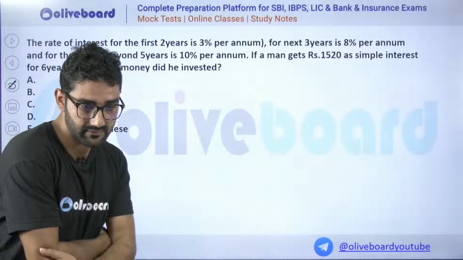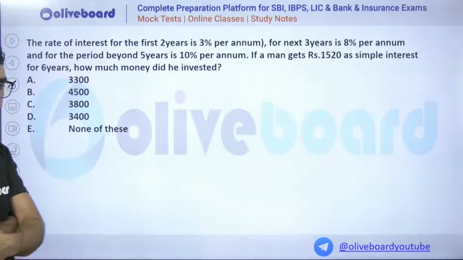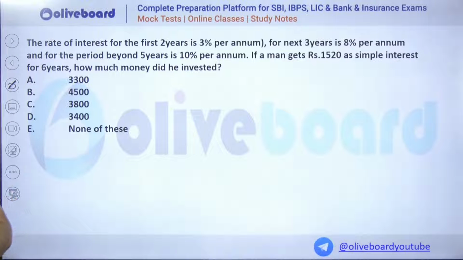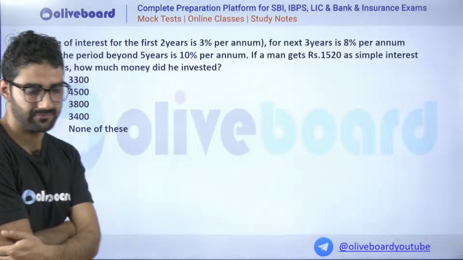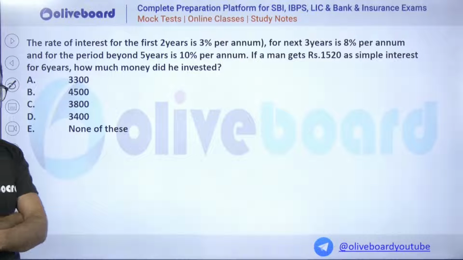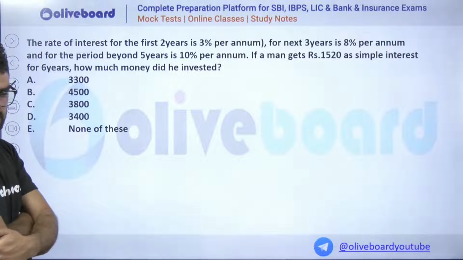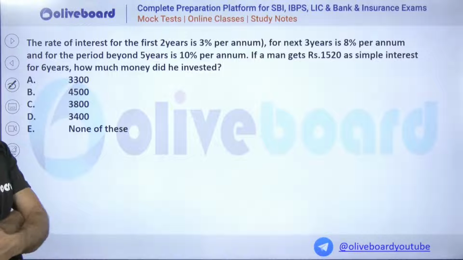Yeah, Divakar sir, it is 3800. I mean the option number C. Yeah, Madhukar has given me the option as 3800. Madhukar, after a long time. Neha also 3800.